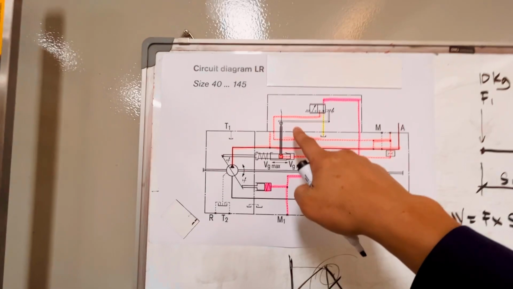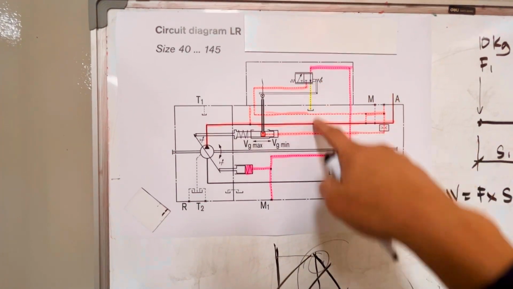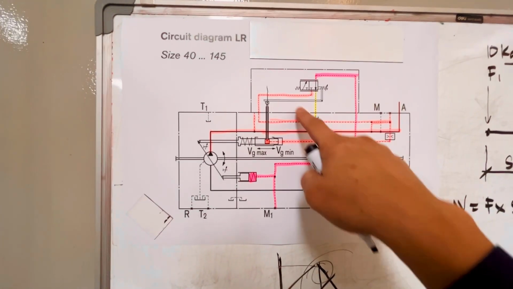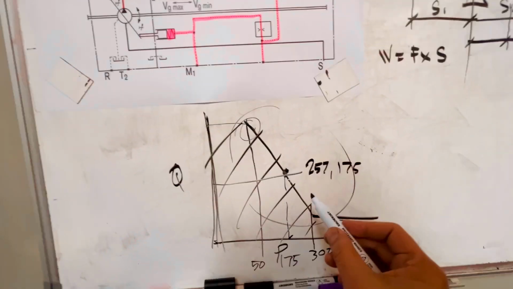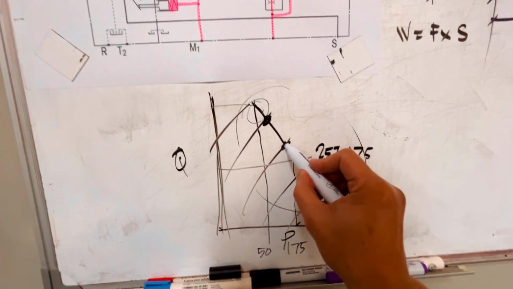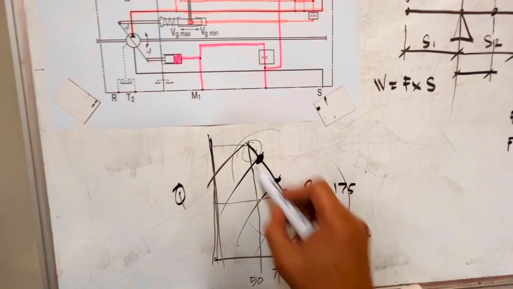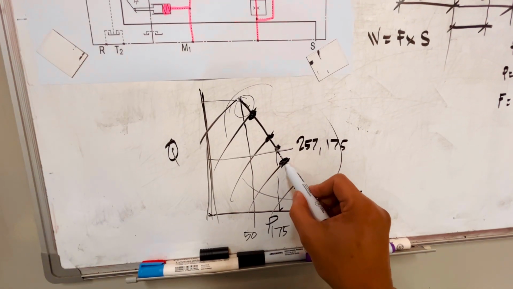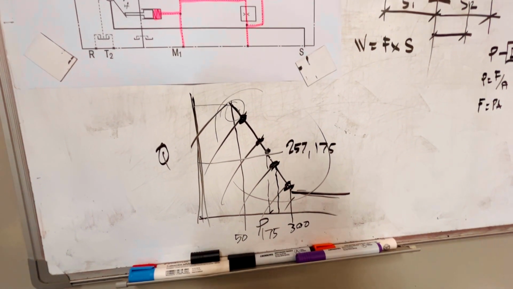When the feedback goes closer to the center of your fulcrum, you need more pressure again to get this point. Because this point, that point, that point, that's your horsepower curve. So you need more pressure here, until you get to 300.